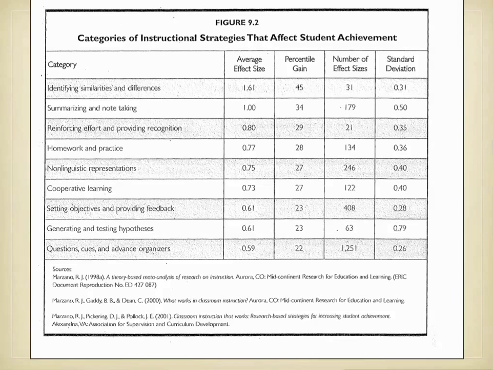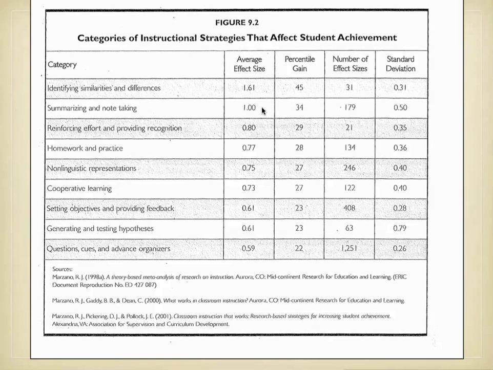What he has done is he's evaluated, by using the research out there, the relative effect size, or how much improvement you can see with these various instructional strategies. For Marzano, the effect size is related to the standard deviation distribution. So an effect size of 1 is 1 standard deviation.